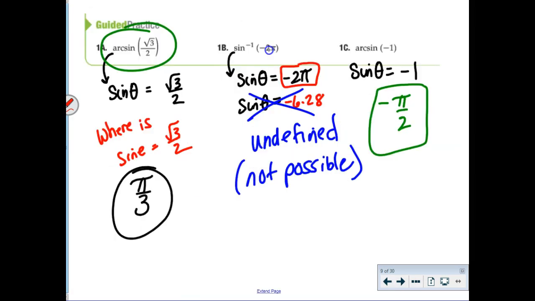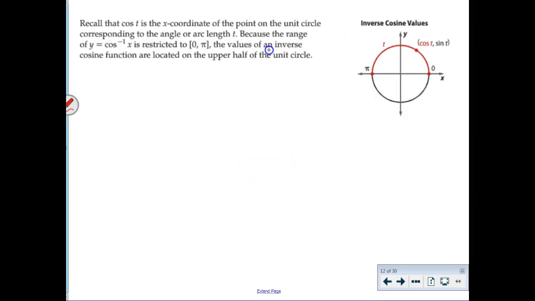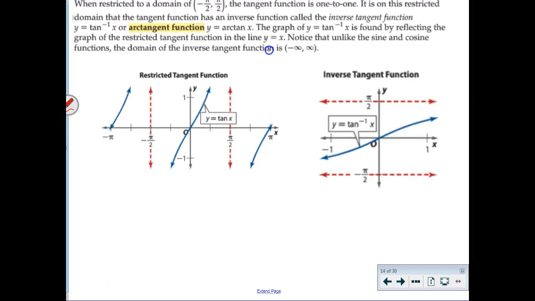Okay. Real quick, guys, while you have your notes out, can you draw yourself this picture on your notes? I am done trying to draw inverse functions today. So, inverse tangent, or arctan, has a range from negative pi over 2 to pi over 2.